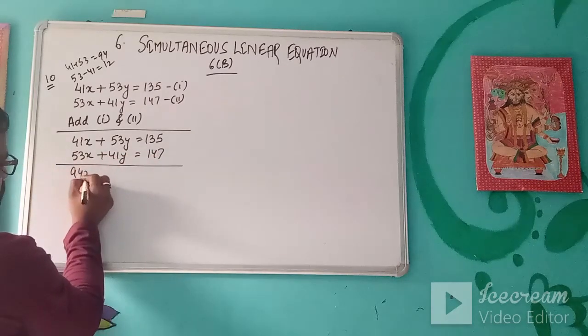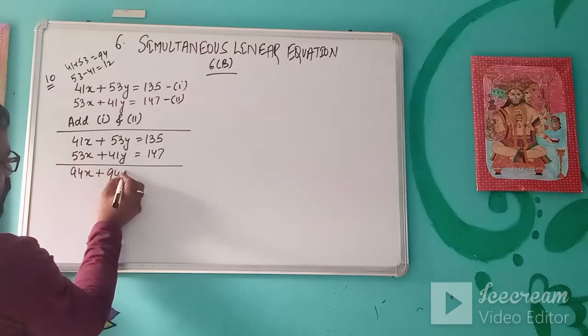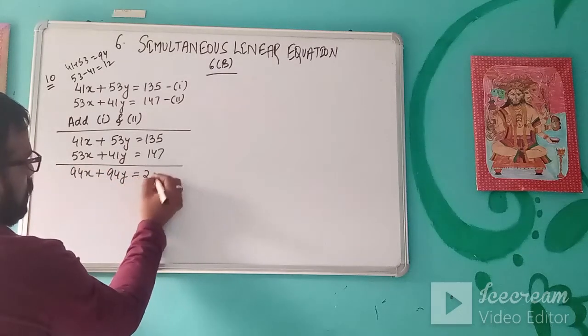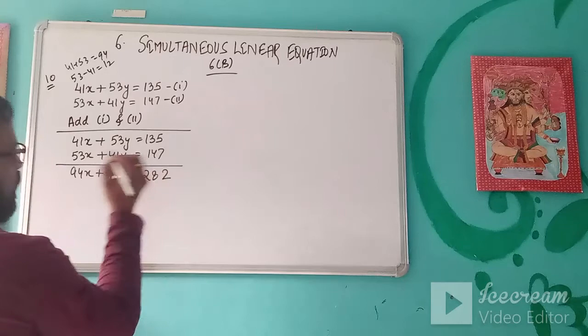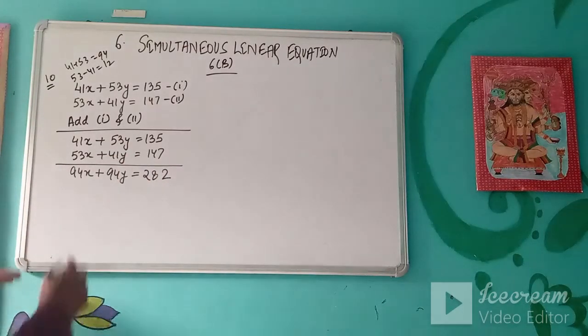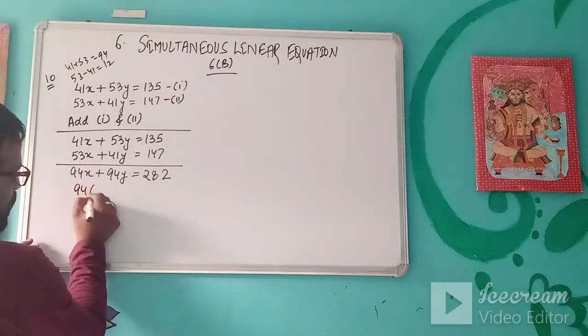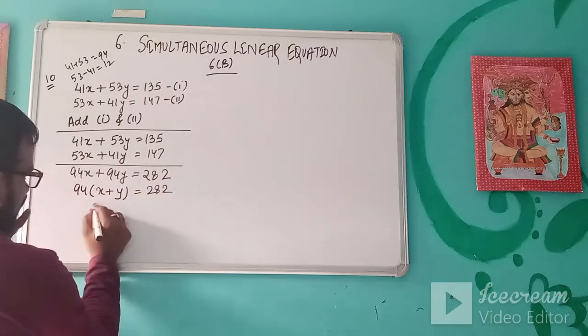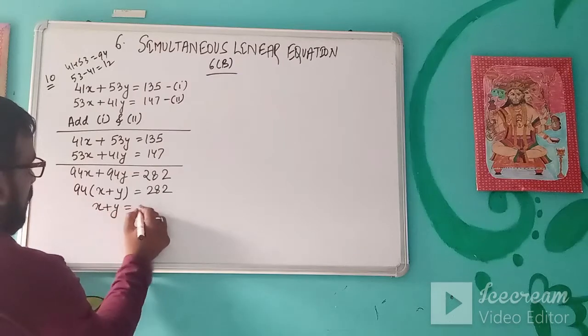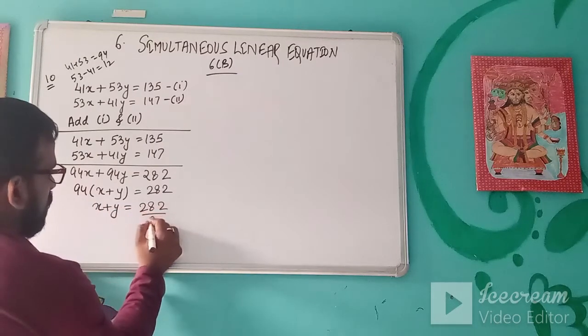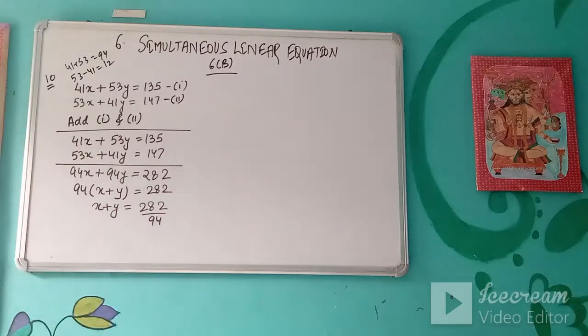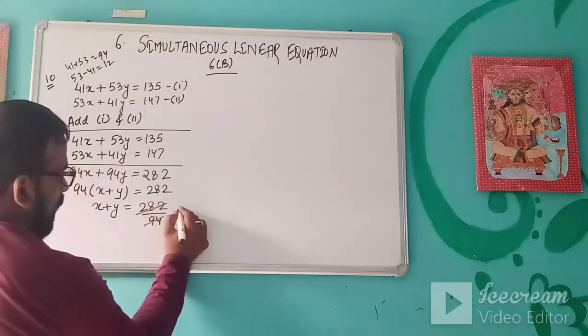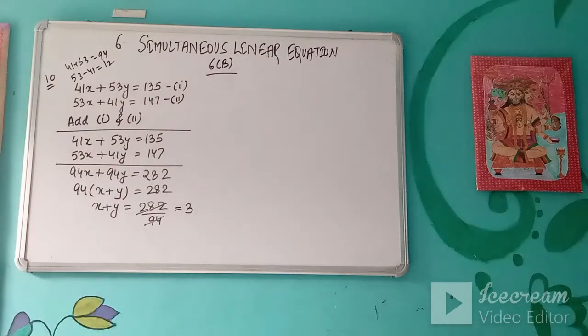So it is 94x plus 94y is equals to 282. Now I will take 94 as common. So x plus y is 282 upon 94, and when I solve, I will get it as 3.